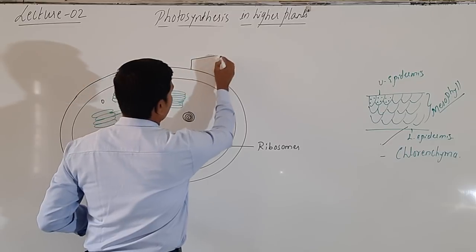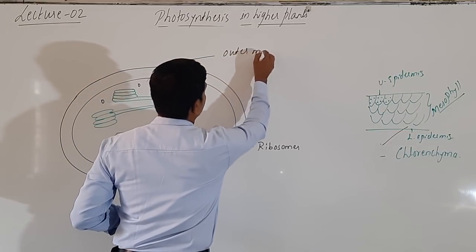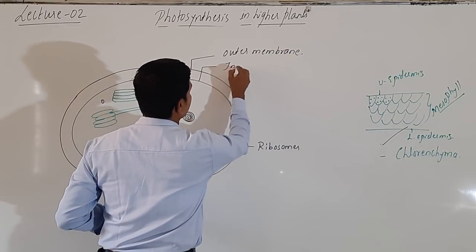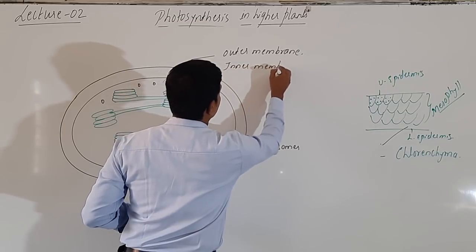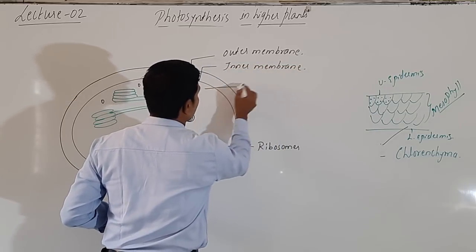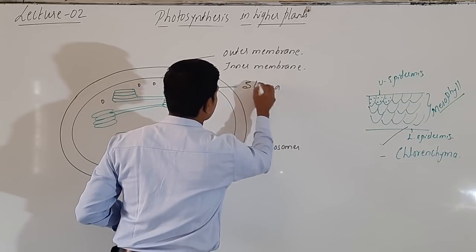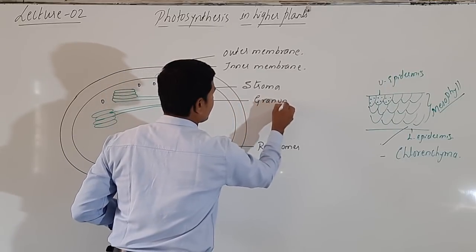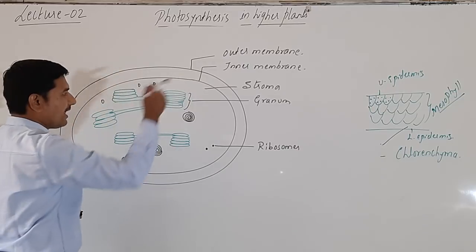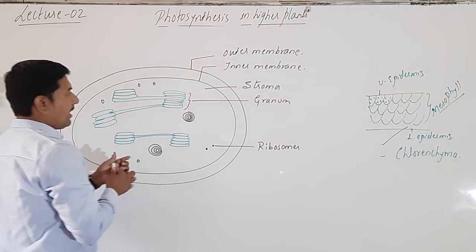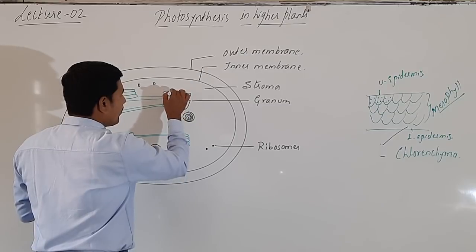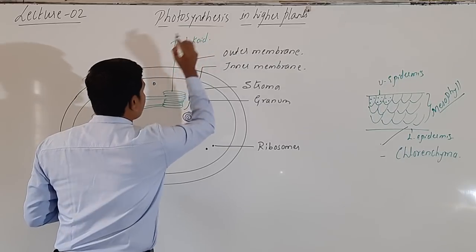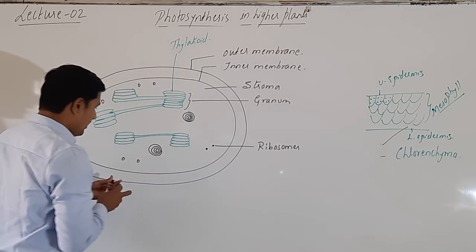Now this is the outer membrane, below is the inner membrane, and inside this is the stroma. This entire structure, a single one is a granum, both together are grana, that is the plural term, and each single unit of this is called a thylakoid. This is a thylakoid, and this is the lipid droplet.